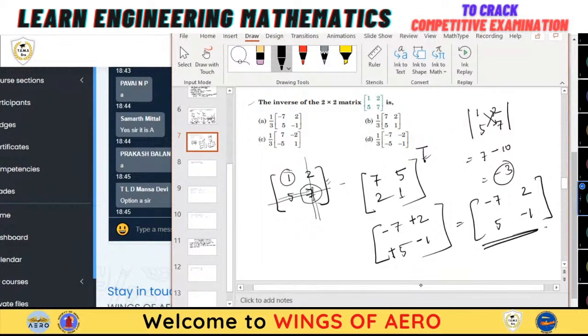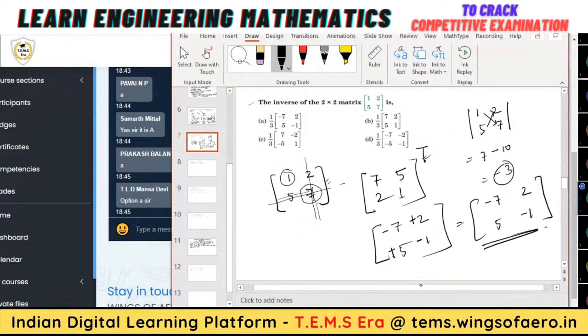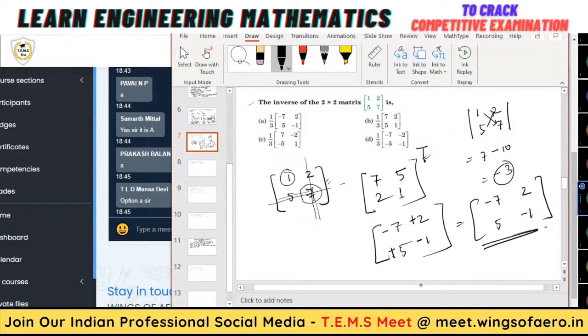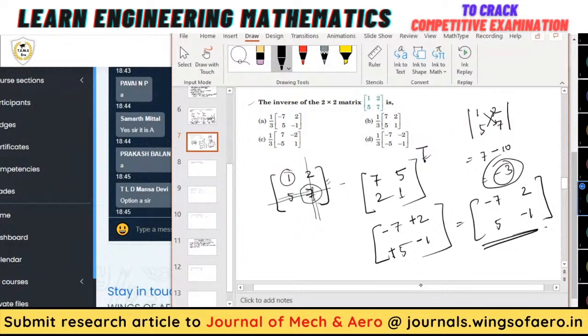If it is the adjoint of a matrix, the formula is adjoint A by determinant A. Determinant A is minus 3.